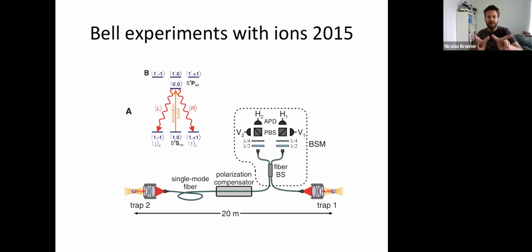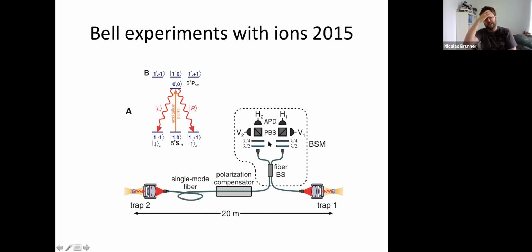And then in the middle, you combine them, you do a Bell state measurement, BSM. You can do this here with your photons by sending them onto a beam splitter. So you have your two incoming photons, they arrive on a beam splitter, they interfere, and then you just measure the polarization.